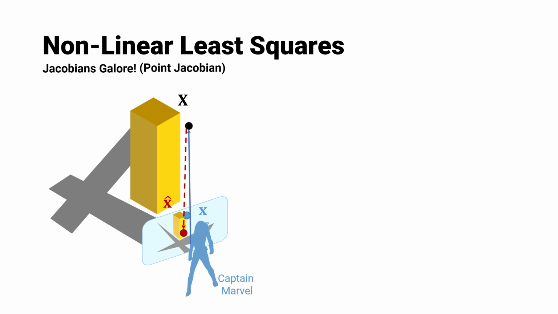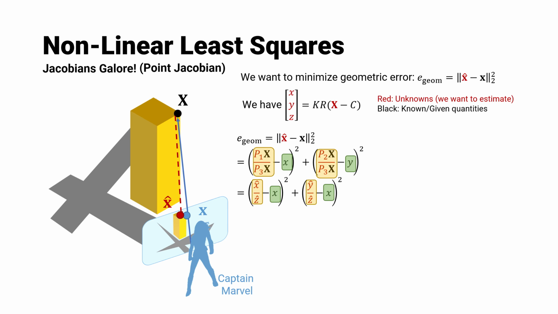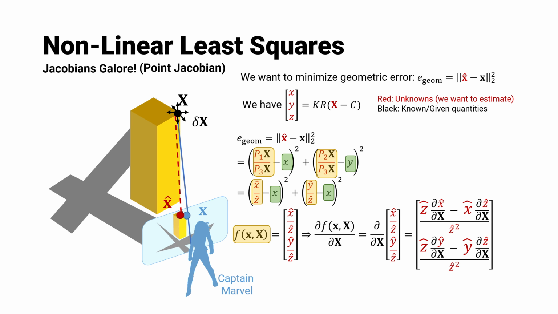So this is where we had left off. We basically said we want to minimize this geometric error, and this is where we were. And what we are trying to do is we are trying to twiddle around this capital X in all directions. So this is going to be delta X, and we want to essentially see how that varies the error. So the function f of both the image point and the world point is given as follows through the projection equation, where we are just normalizing these values x hat and z hat and y hat and z hat.